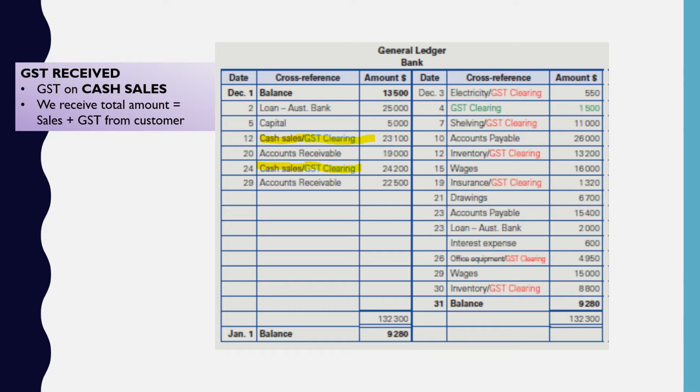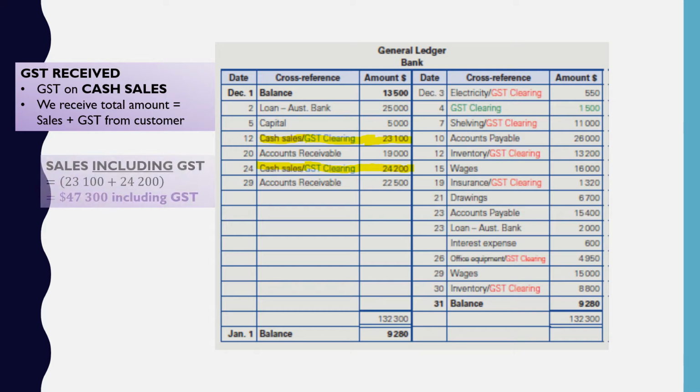Therefore, when the business receives the payment from the customers, it is actually for the total amount, including the sales and the GST. Therefore, it's important for us to remember that these amounts recorded in the ledger account are the total amounts that we have received from the customers, which are both for the sales and the GST.